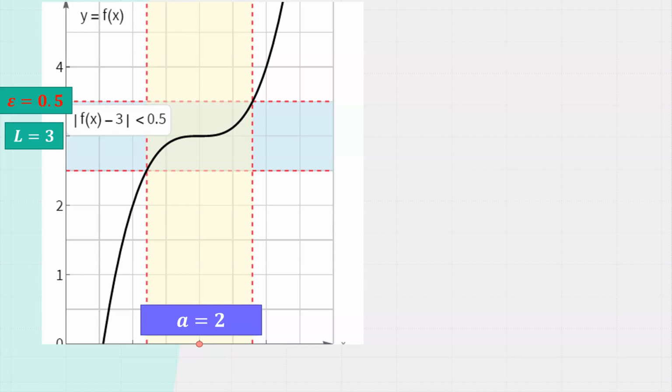Given that epsilon is 0.5, we want to know how far away can we step to the right or to the left of a, meaning what is that delta, so that for all x values within this delta neighborhood around a, f of x will be mapped onto the epsilon neighborhood near L. And L in this case is 3.